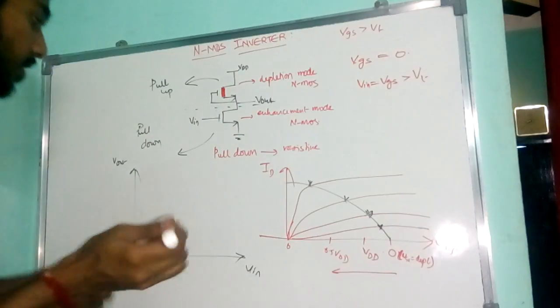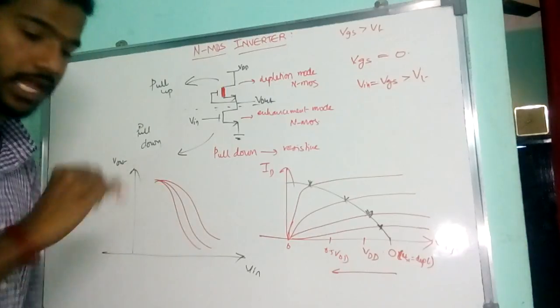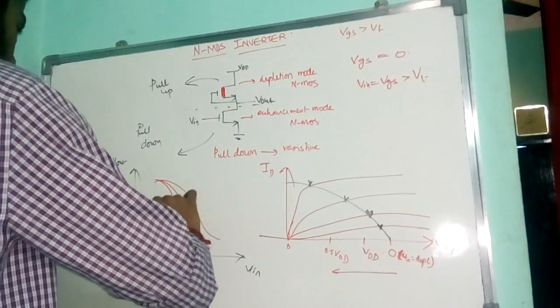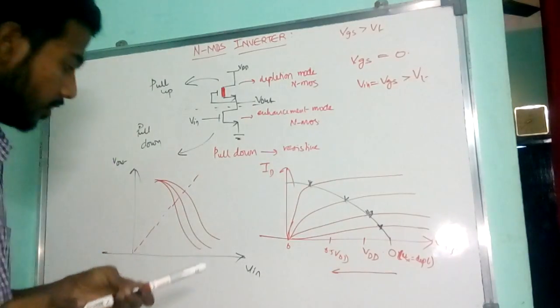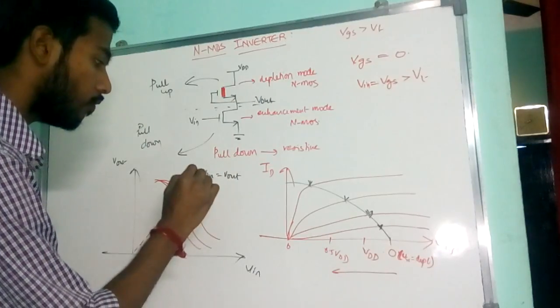I have the transfer characteristics like this, right? Now this is the line wherein my Vin equals Vout.